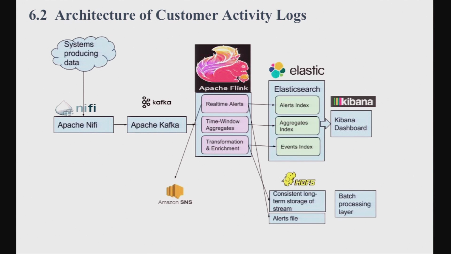It has a persistent backend. It can store days or weeks worth of data, based on the capacity, if you need to. It's very critical to have that component if you are running a 24/7 data pipeline, because things can go down, or you might want to bring down a downstream component for maintenance. You need to have a way to store the data so that you can get it back.